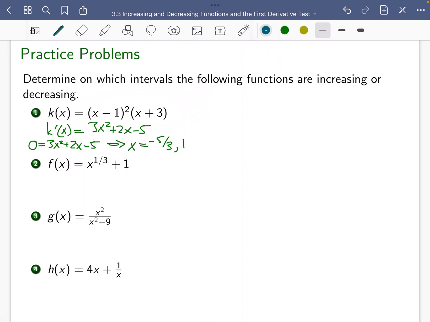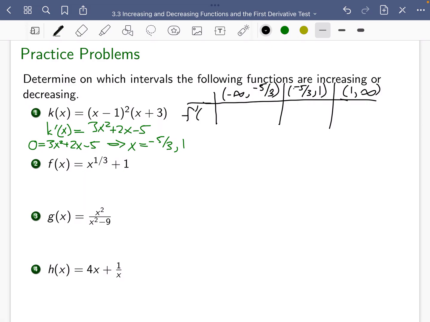And so now we are going to create a sign chart. Over here we are going to do a sign chart. We will go from negative infinity up to negative 5/3, then from negative 5/3 up to 1, and then from 1 to infinity.